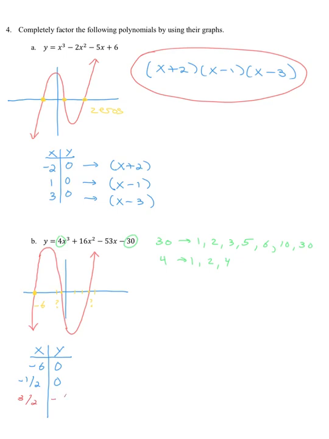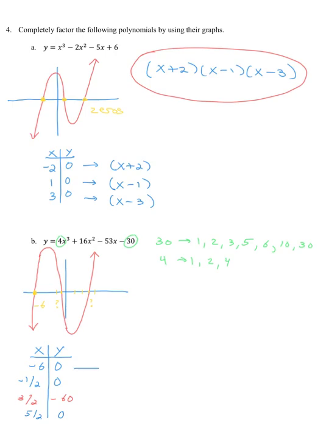And it gave me -60, which is no good, so that did not work. So I'll try again. What about 5 divided by 2? Let me try that. This one does work. Okay. So if I try 5 over 2, that is a 0 of the equation.